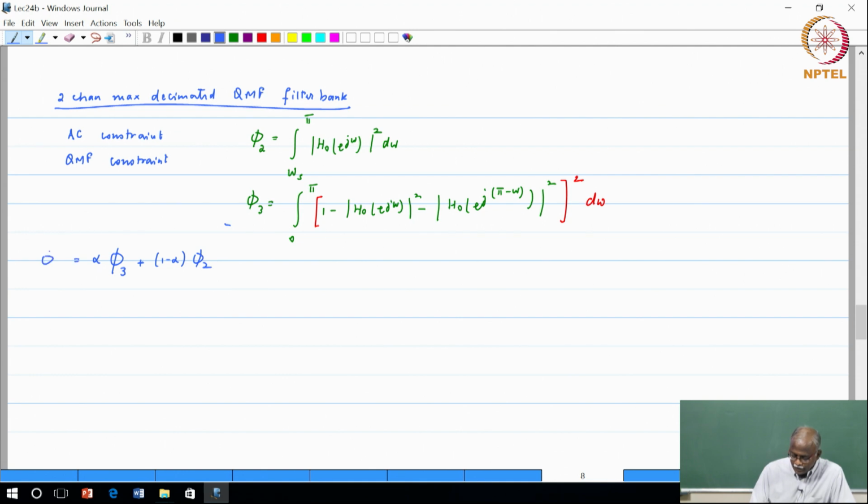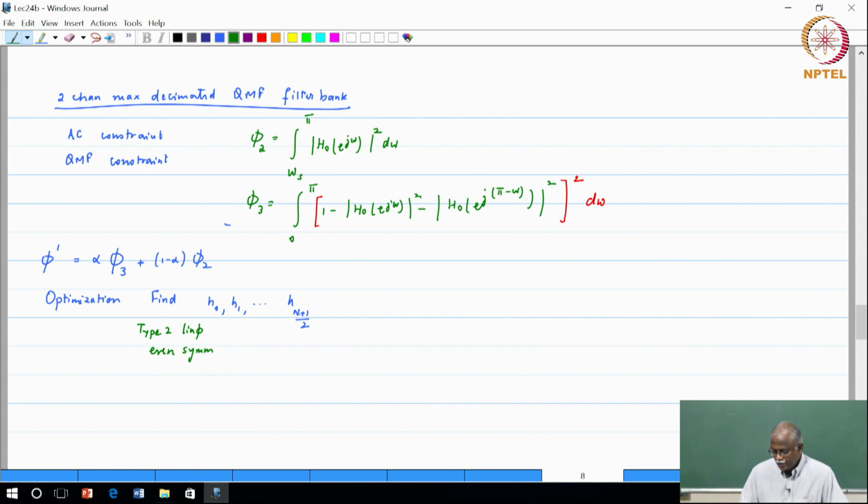We will call it phi bar, that is the objective function, and the optimization task is to find the coefficients of the filter h0, h1 all the way to h of (n plus 1) by 2. Keep in mind that we are designing a type 2 linear phase filter with even symmetry.